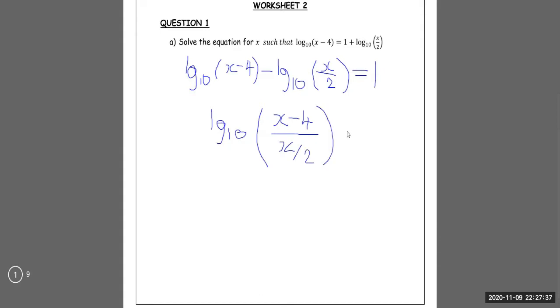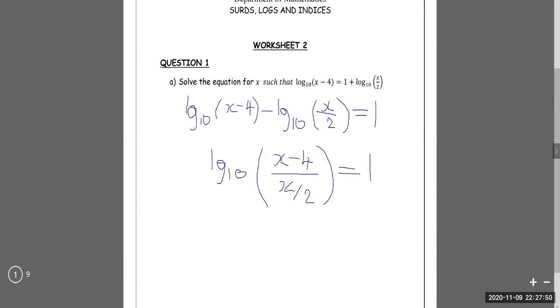Now let's simplify in this bracket right here. If we have x minus 4 divided by x over 2, I'm going to write that up a little bit up here. Now if we have x minus 4 and we're dividing it by x over 2, it's the same as x minus 4 multiplied by 2 over x, right?